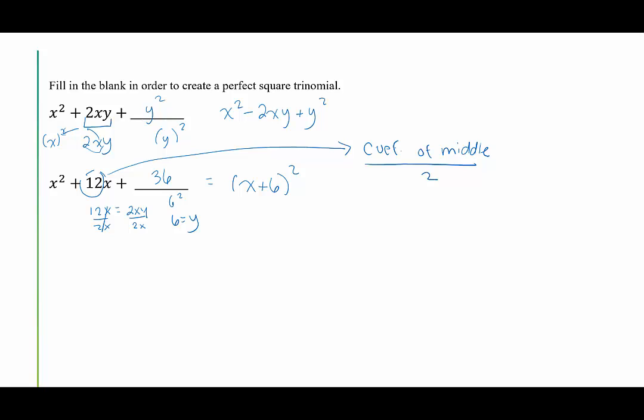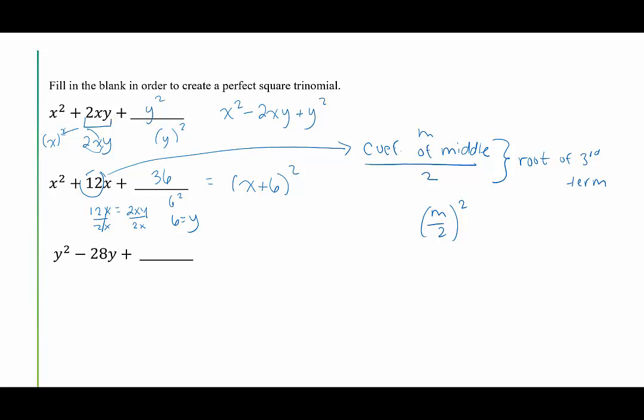That's going to be the root of the third term. But we don't want the root, we want the root squared. So we're going to square it. I'm just going to call this m because we have the middle. It's going to be m divided by 2, quantity squared.